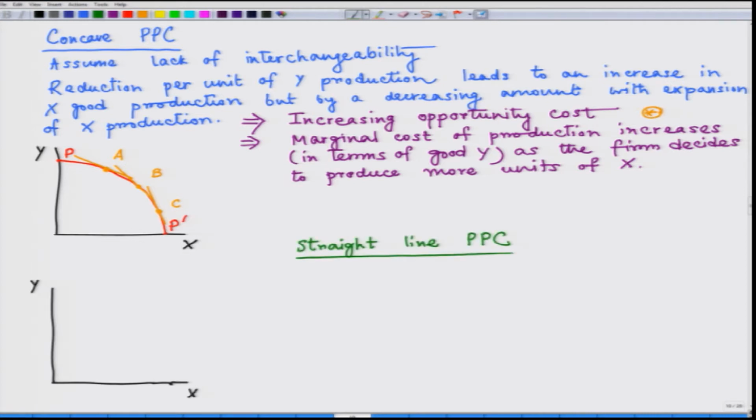Now, what is the implication of a straight line PPC, or what production condition will lead to a straight line PPC? We can summarize this as follows.